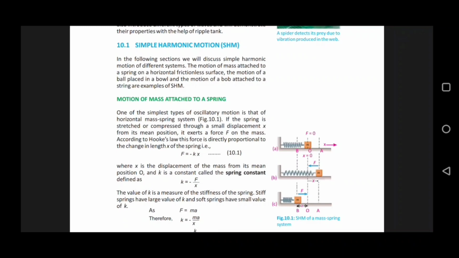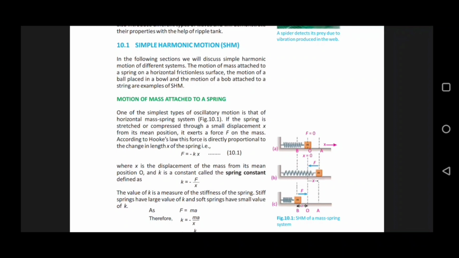In figure B, the mass m moves to position A and is then released. This is the disturbance by us. The restoring force, which pushes or pulls the object towards the mean position, is exerted by the spring on the mass and will move the mass back to position O.